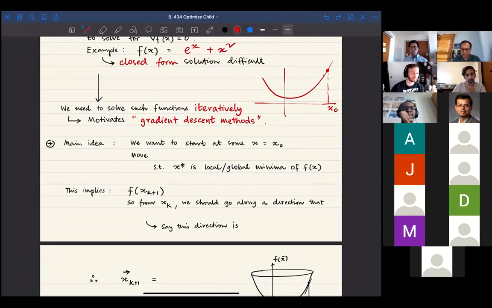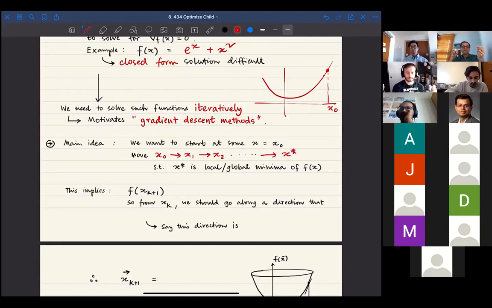Gradient descent essentially says, I need to start at some value x0, and then move from x0 to x1 to x2 all the way until I get to x star, where x star is the minima. That's my goal, right?